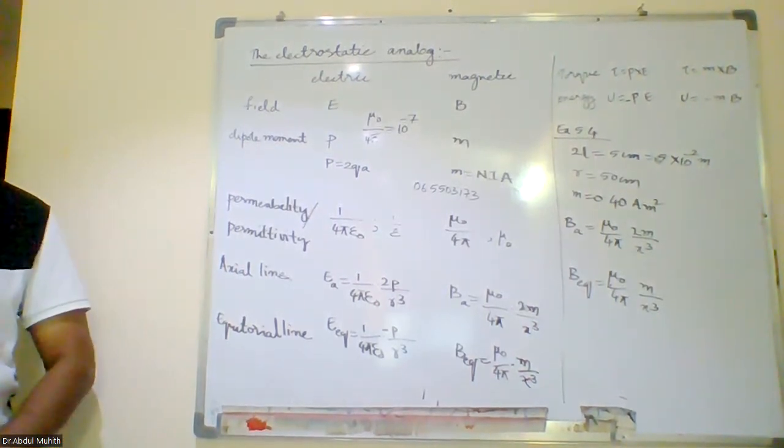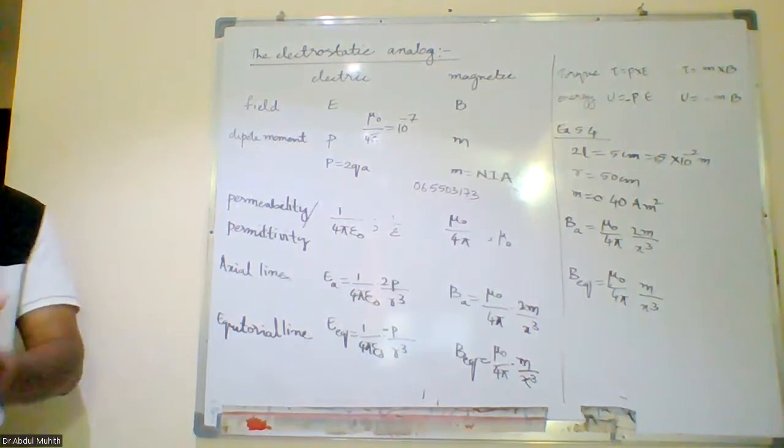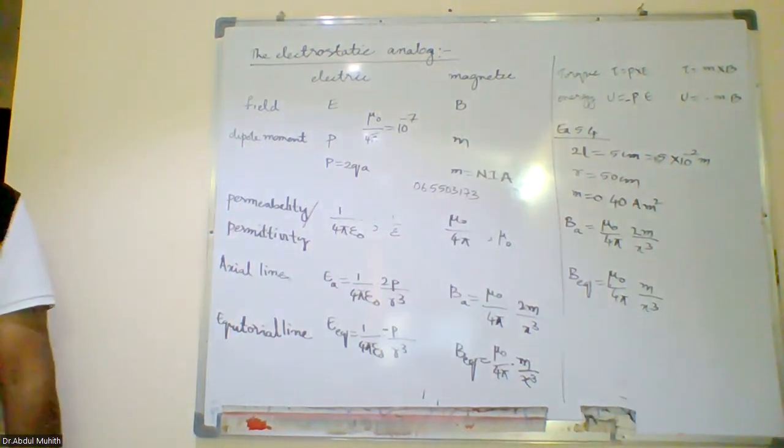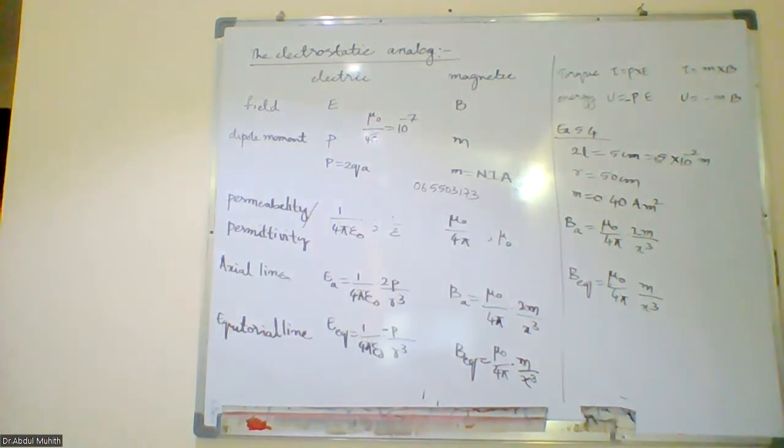See, my intention is, at least before 20th, not 22nd, I will try to complete as much as possible: alternating current, EMI, and I'll try to at least start electromagnetic waves also. Electromagnetic waves is a very small chapter.